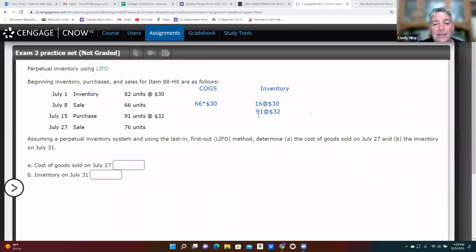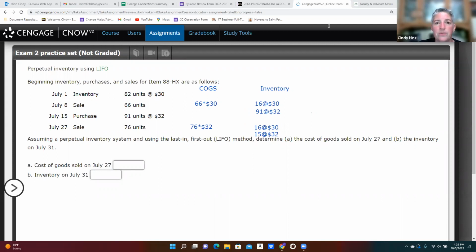And for last in, first out, we sell the most recently acquired ones. And so the 76 units we sold would be the $32 ones. And what we would have left would be all of the $30 ones still. And what is that? 15 left at $32.